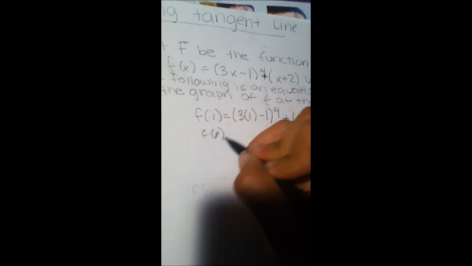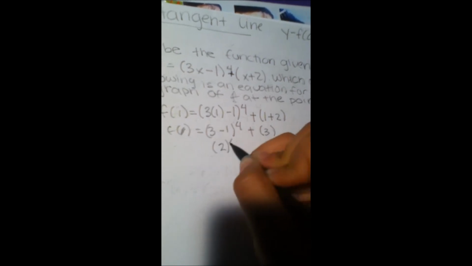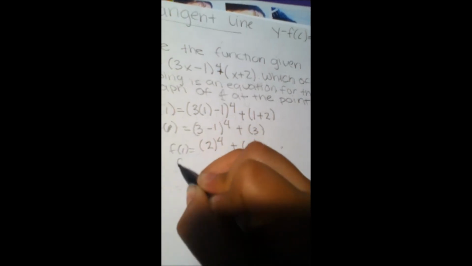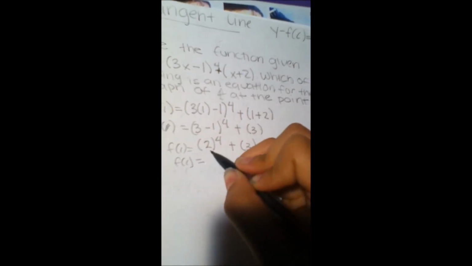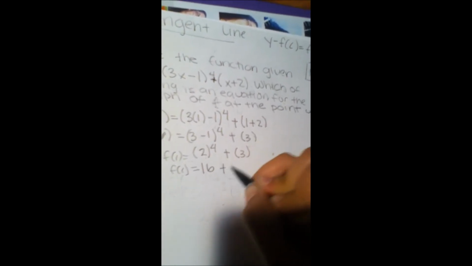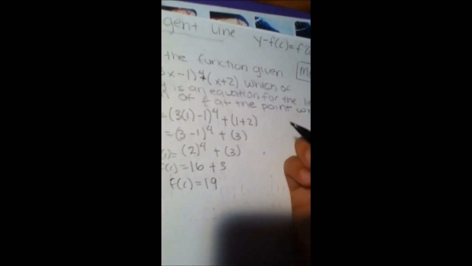We solve it all through, and for f of c we get 19. Now we have to derive the function in order to get our answer part.